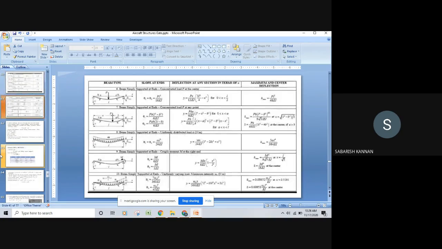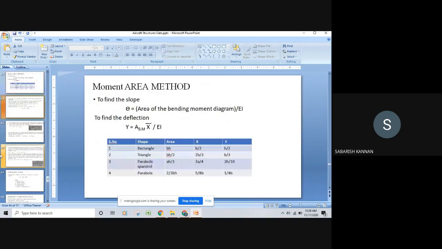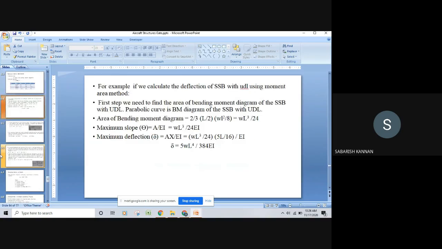This formula we can get from the moment area method, right? Once you memorize this formula, otherwise using the moment area method, you can easily find out the slope and deflections. Okay.